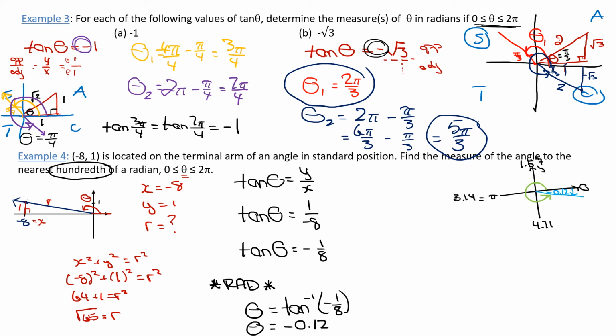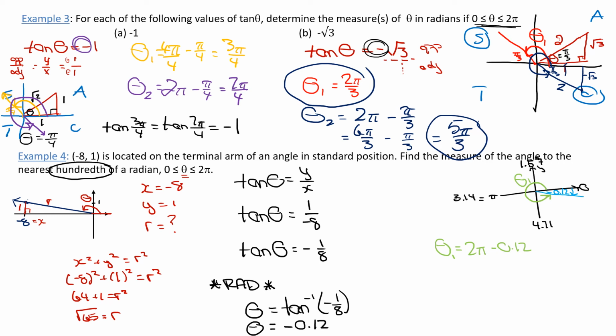So that we're going to have theta equals 2 pi minus 0.12. That would give me this theta here. I'll just call it theta 1. That would be my theta 1.